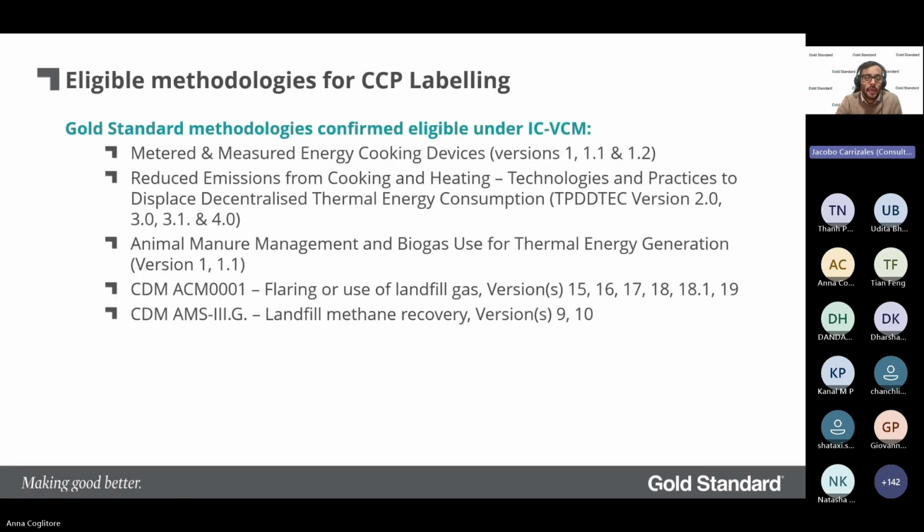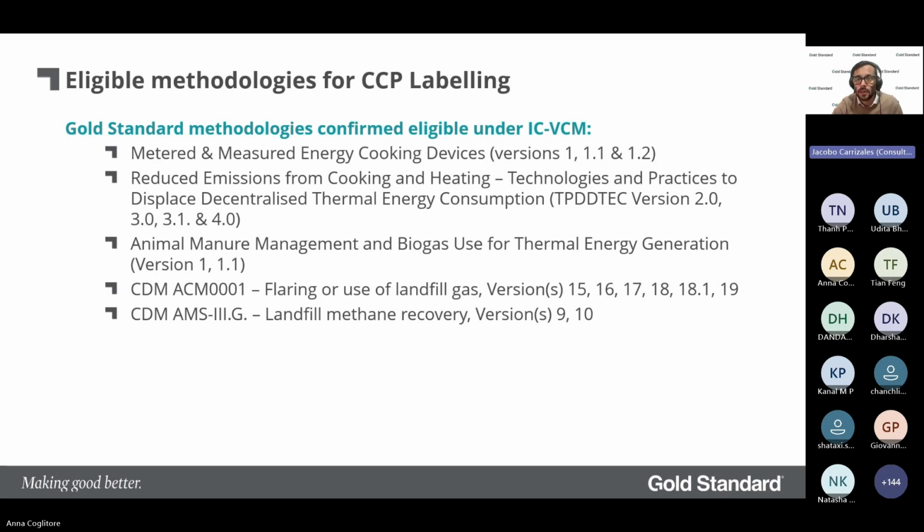Speaking of which, the methodologies currently approved by the ICVCM are described in this slide. We have currently 5 approved methodologies. So those projects asking for CCP labeling, either through the design change route procedure or just directly, are using one of these 5 methodologies.